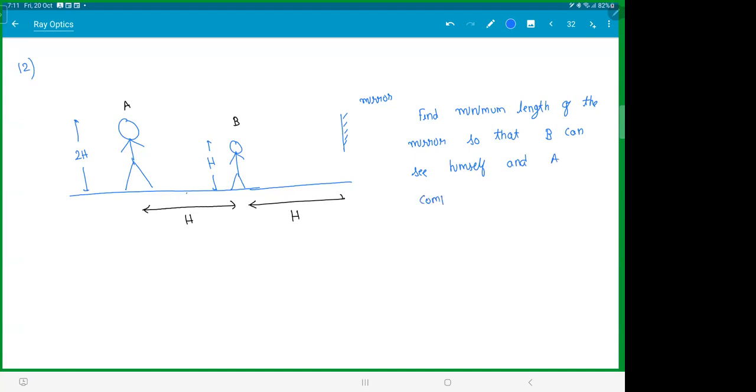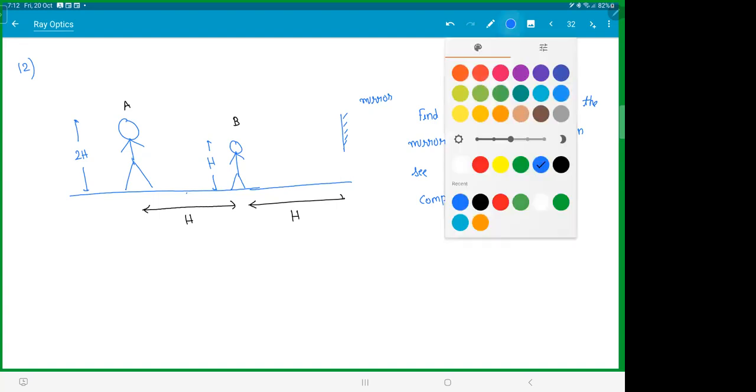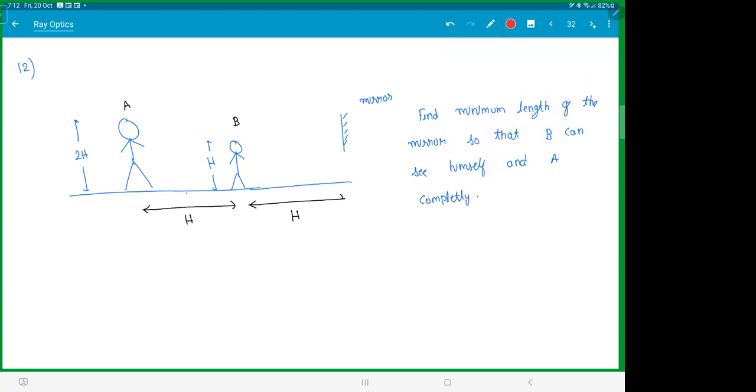So when this person B looks into the mirror, you can neglect that he's blocking the view. Forget about that. Find the minimum length of the mirror so that B can see himself and B should also see A behind him. And you can assume the eyes are on top of the head. Neglect the distance between the eyes and the head.